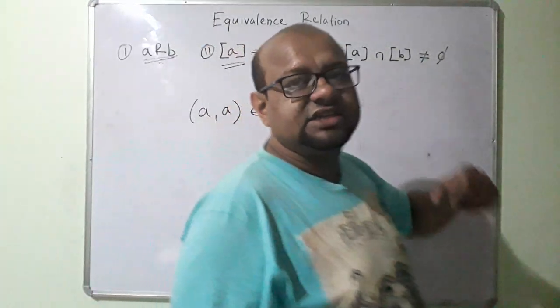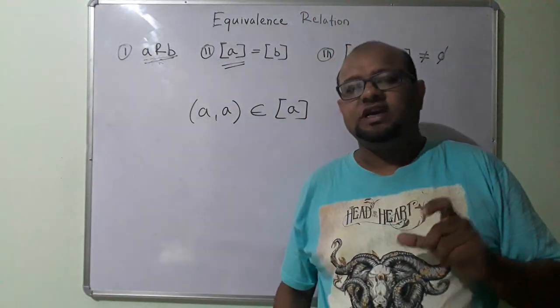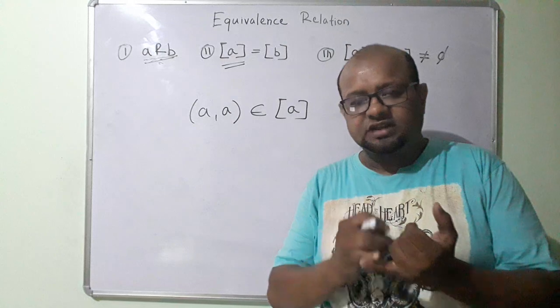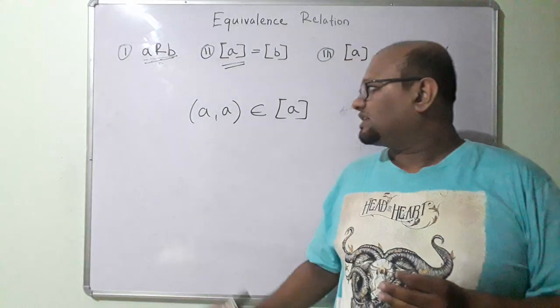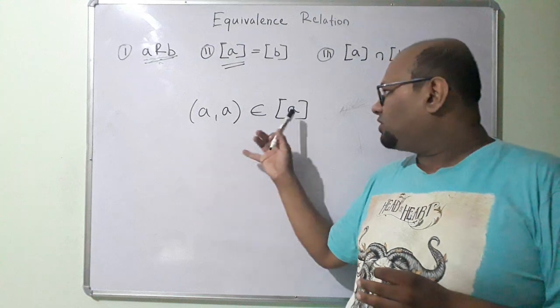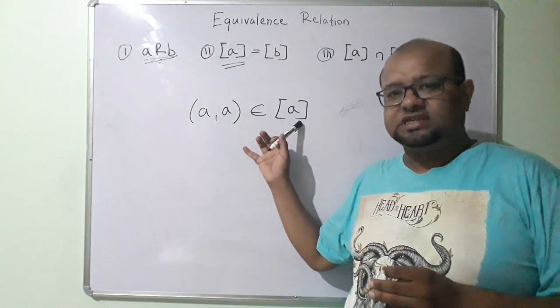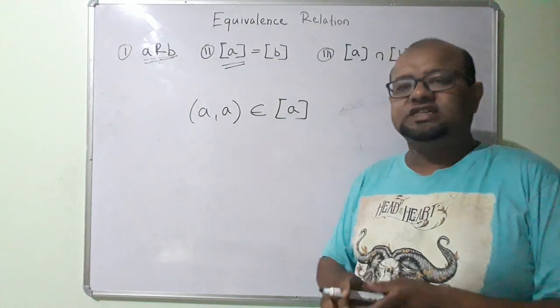Because the relation is reflexive. It's an equivalence relation, so it's symmetric, reflexive and transitive. Since it is reflexive, A must belong to the equivalence class of A.